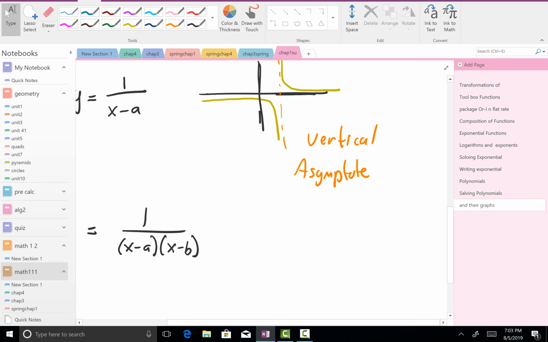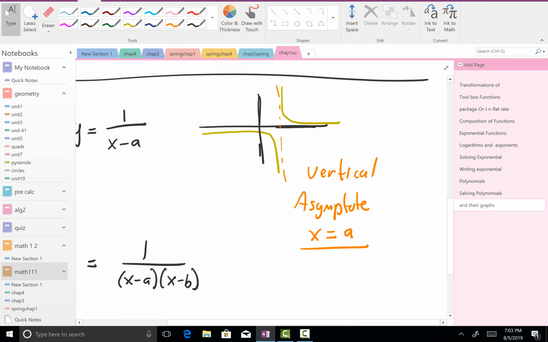It's at wherever A is. If A is 3, then its vertical asymptote is at 3. If A is -4, then the vertical asymptote is going to be at -4. So this is a vertical asymptote. That graph is bending.